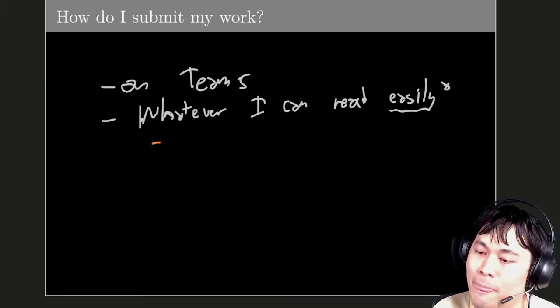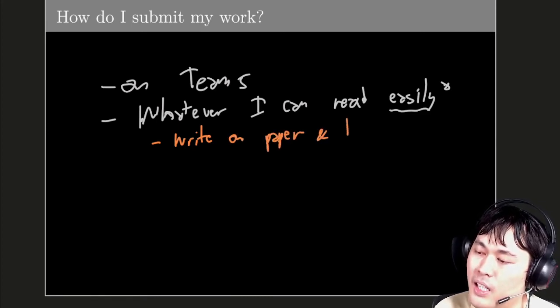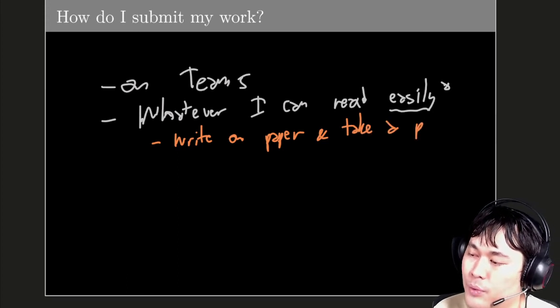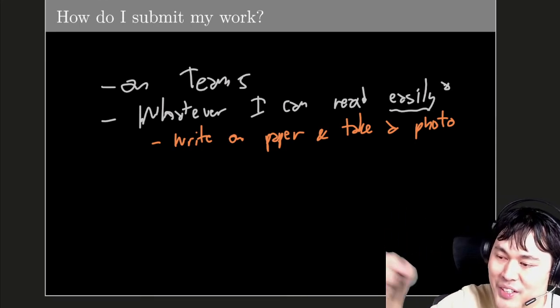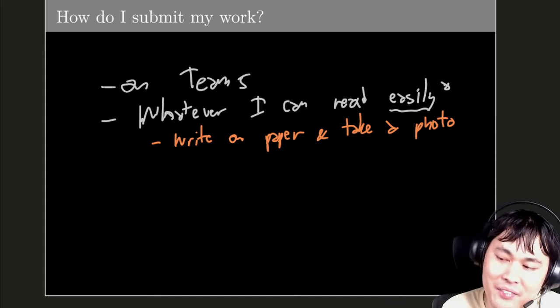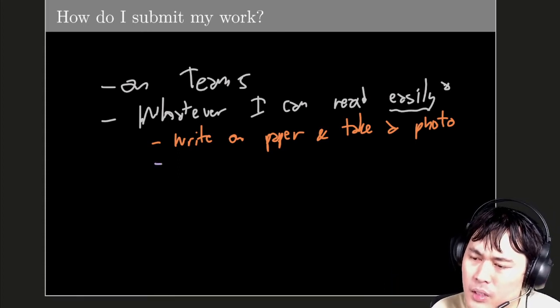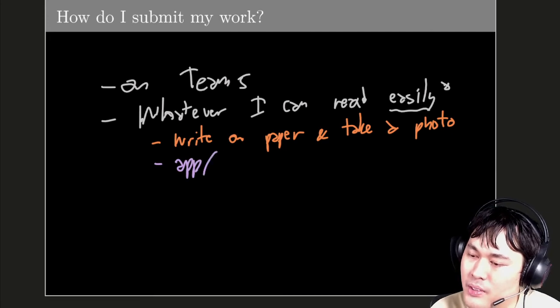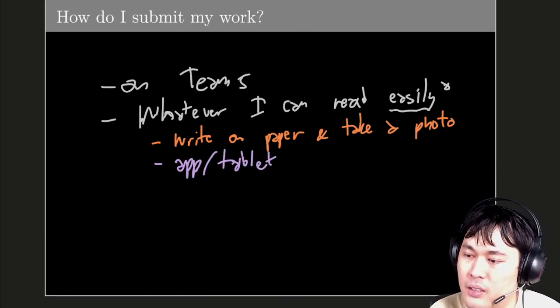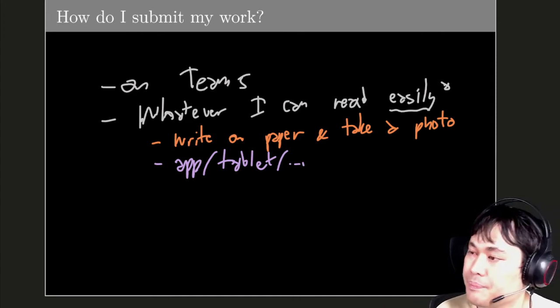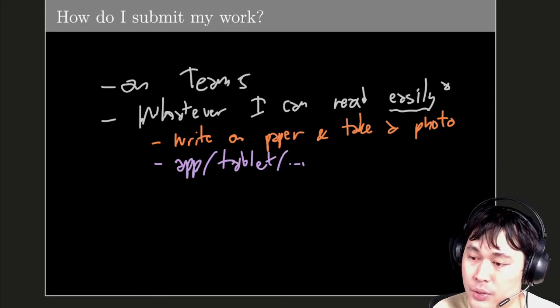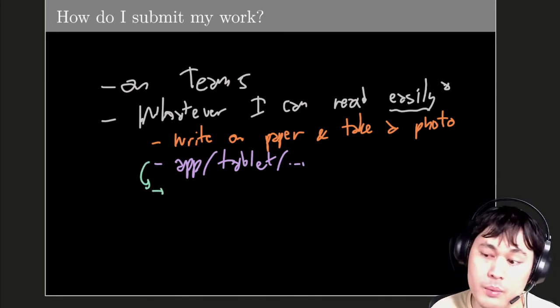What I mean is you can write it down on paper and take a photo, and that's one preferred method for some people who want to take a physical pencil and write them down. Or you can use your app, tablet, or anything, and submit them.